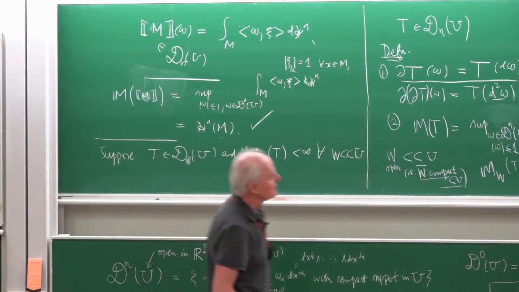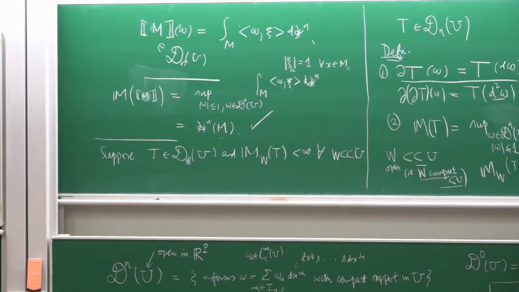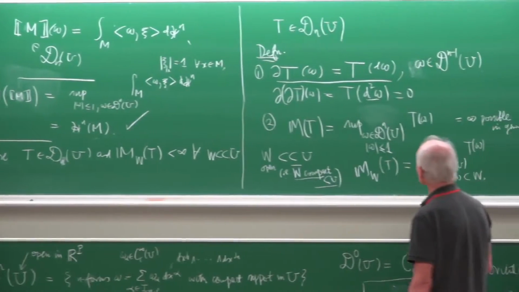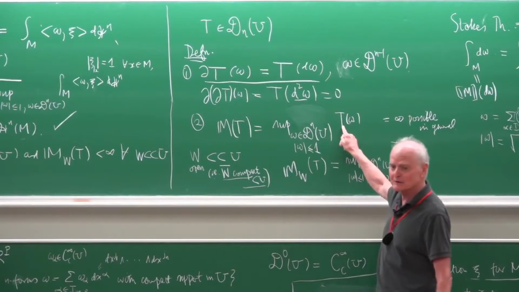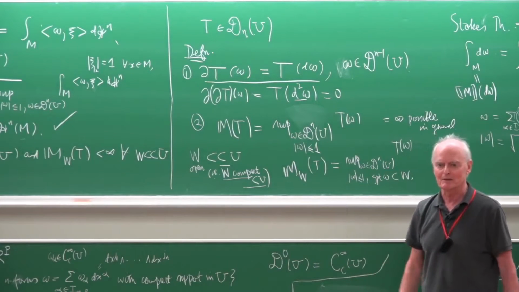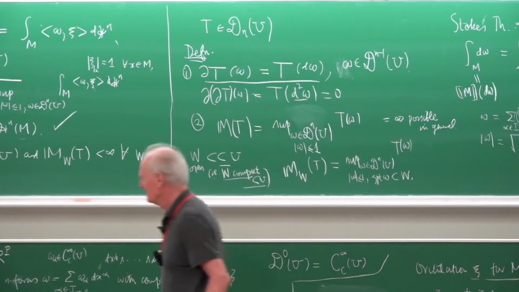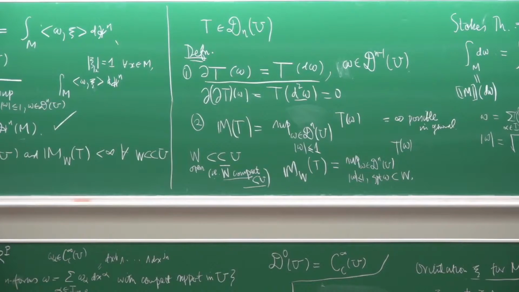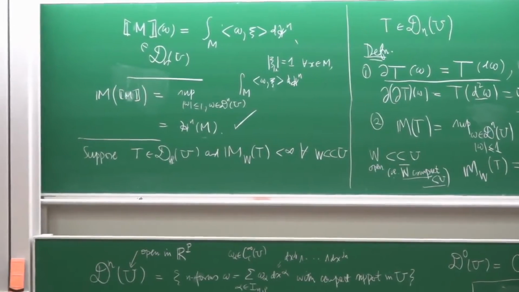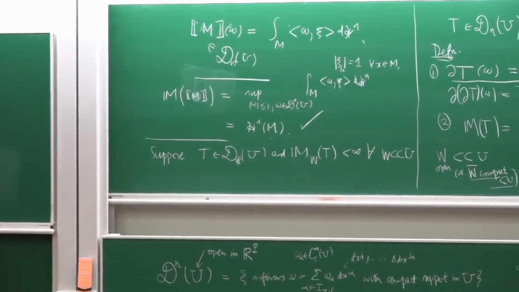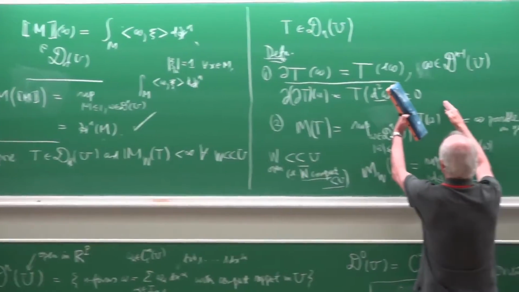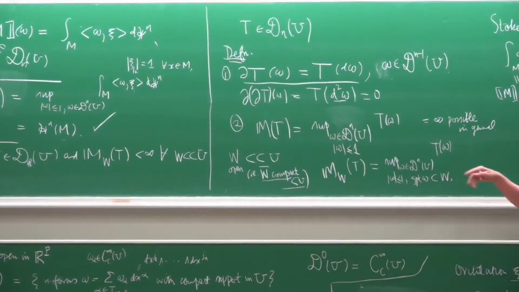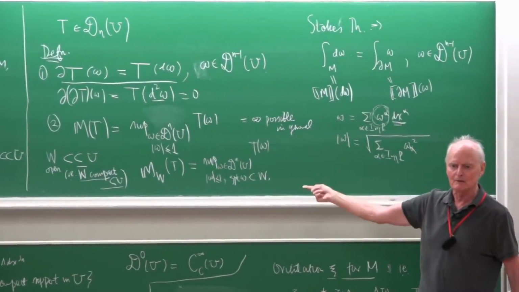Yes, of course, because this sup includes the case when omega is equal to 0, so it's always bigger than or equal to 0, trivially, right? It might be 0 if, for instance, T is the 0 current, but it's always non-negative. Notice this definition is the same as the answer you get by putting an absolute value there, because you can always replace omega by minus omega, so it makes no difference.